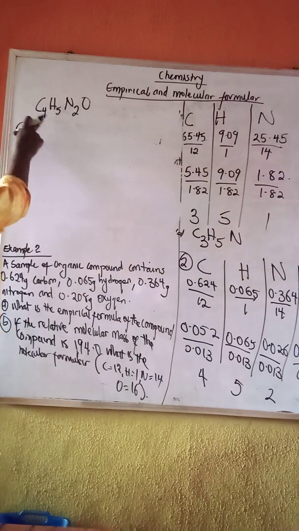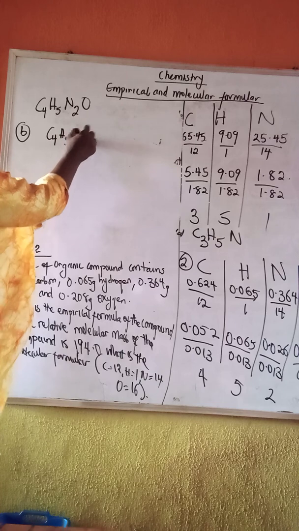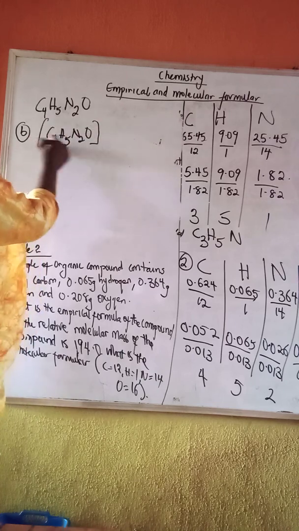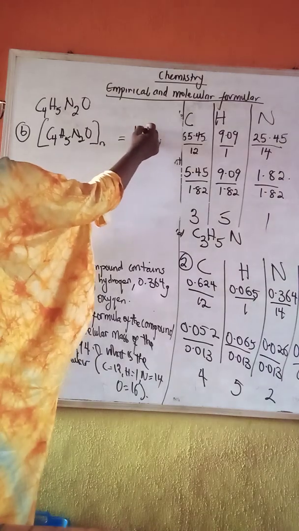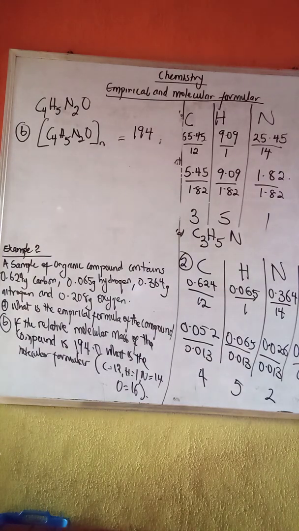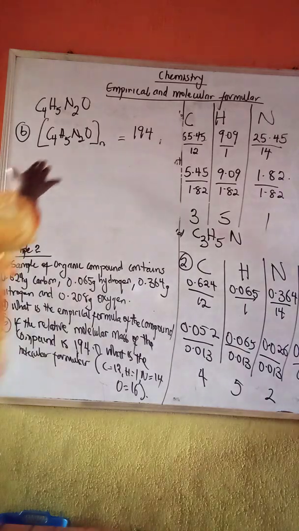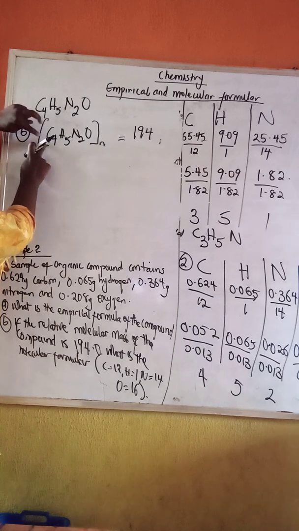This is how you find the molecular formula. For the B part, you write the empirical formula out, C4H5N2O in bracket, n equals this molecular mass given to you, 194. Now look at it well. We have equated it like this. But we need to find the molar mass of this compound. Carbon is 12, right?